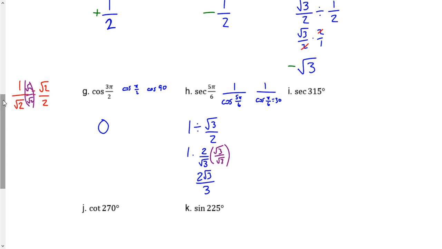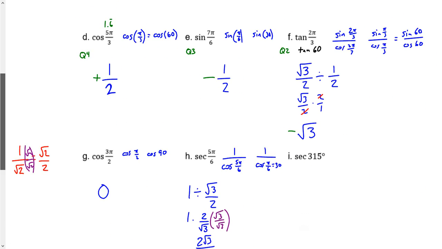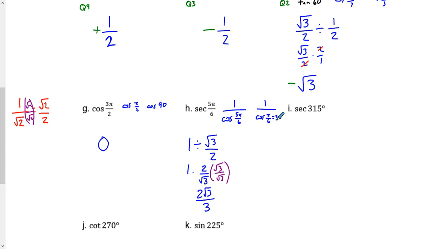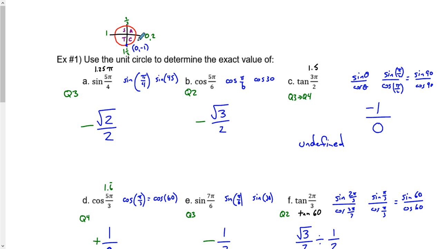5 pi over 6 is in quadrant 2, and the only thing positive is sine. Cosine and secant are reciprocals, which I didn't talk about before. But if cosine is positive here, secant is positive here. If tangent is positive here, cotangent is positive here.